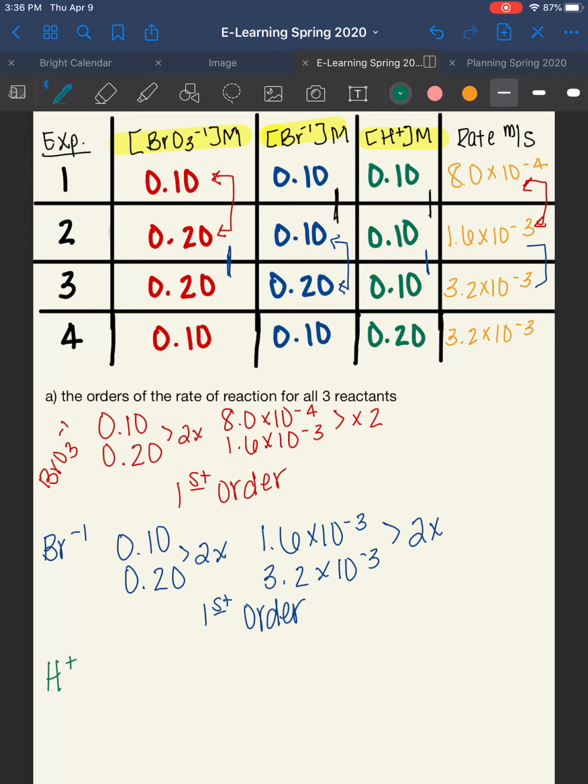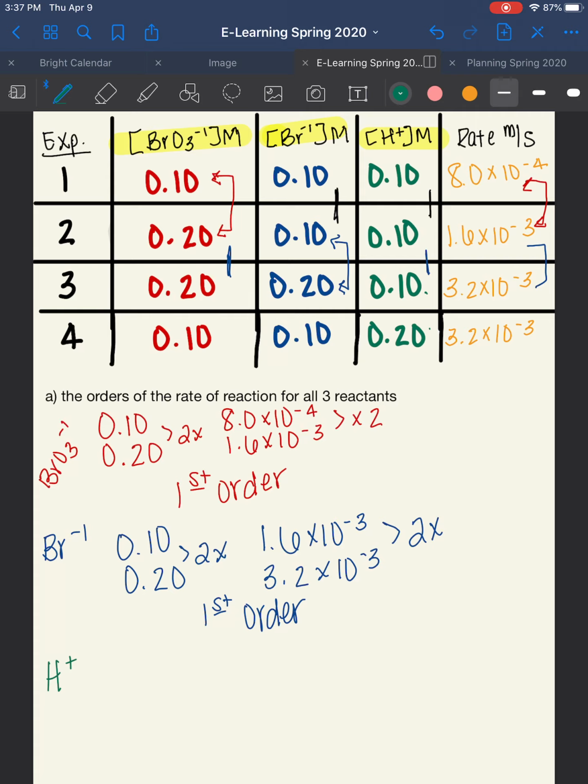Okay. All right, so now let's look at H plus. What some students might want to do, following the trend, is they might see that H plus increased from experiment 3 to experiment 4, so that's what I'm going to use to compare.